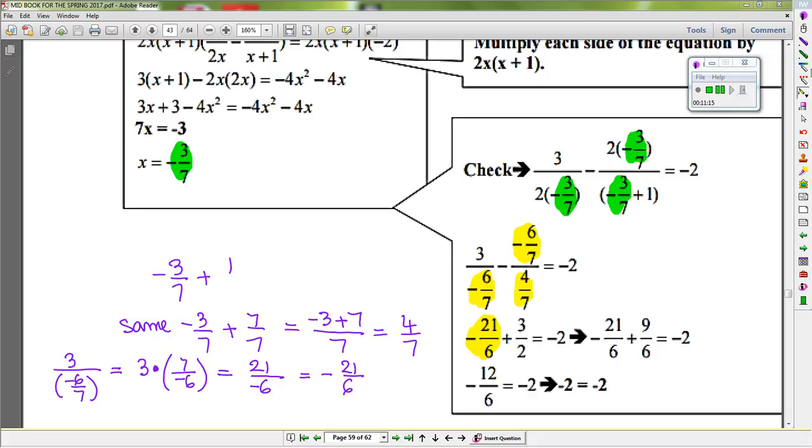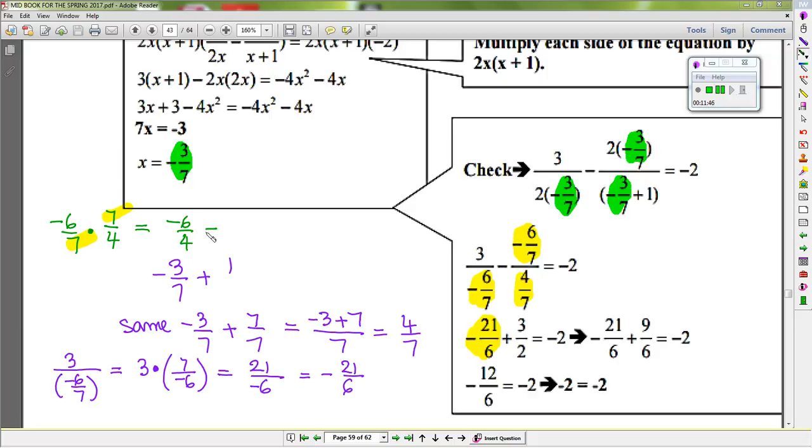Okay, and then we do the same thing for the next one. When we divide the fraction negative 6 over 7, we multiply by the reciprocal. So we flip it and multiply, so it will be 7 over 4, and then we also divide by the common factor.